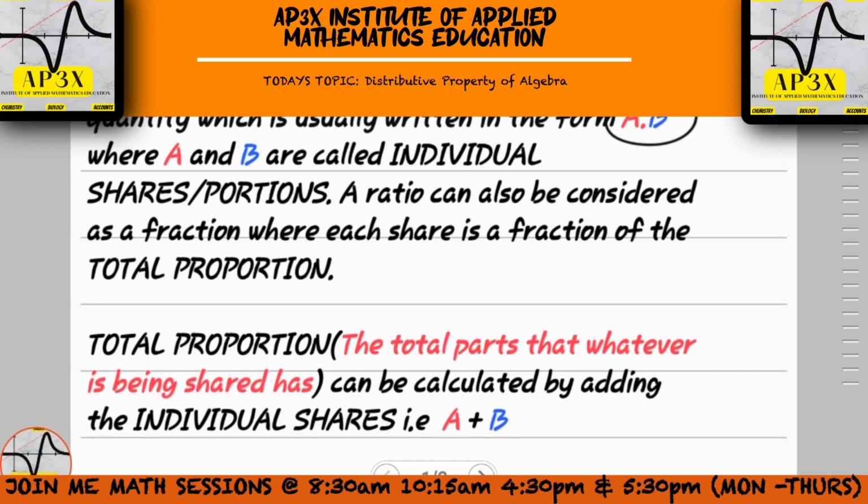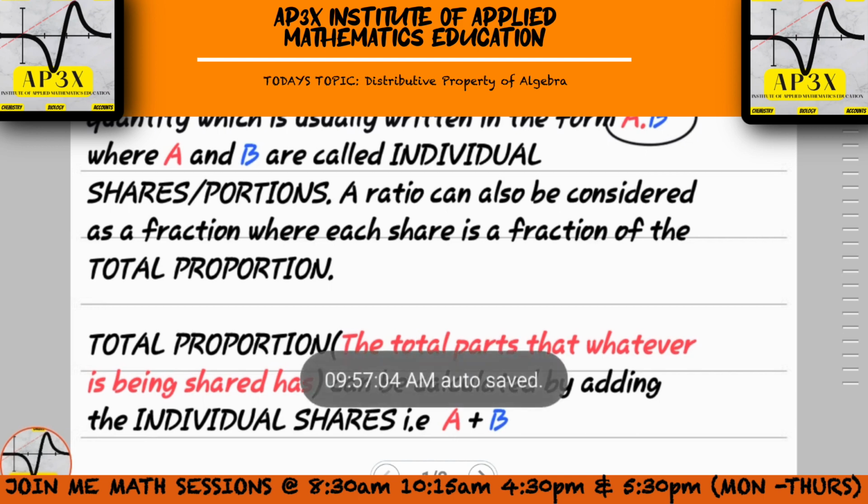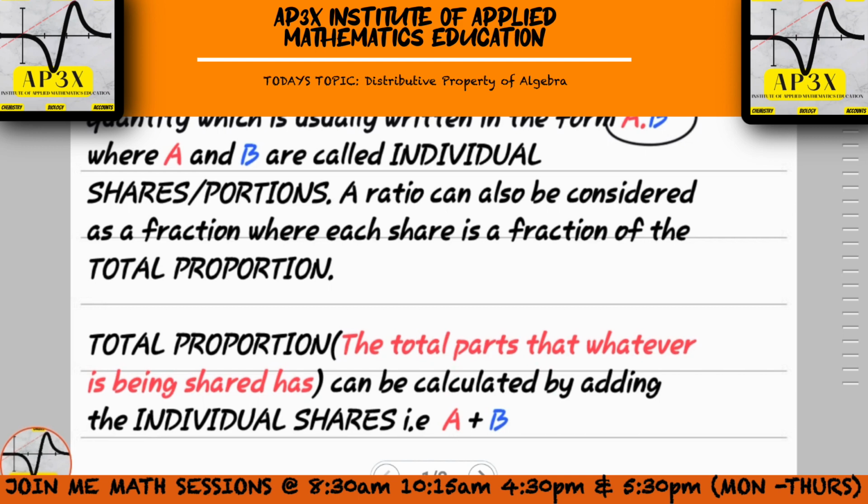So it could be that you're sharing a whole cake between 3 people, or you're sharing a sum of money between 2 persons, or you're sharing the value of something between 2 or more persons.